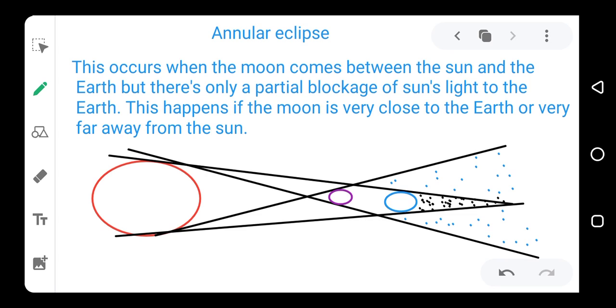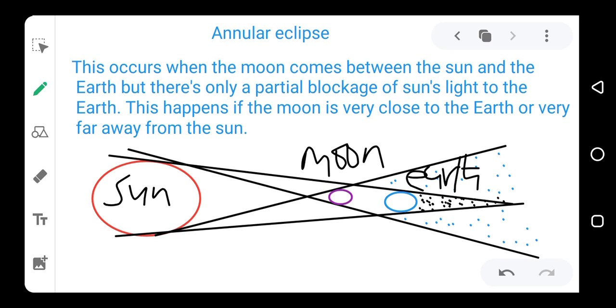When the whole earth is being prevented by the moon from getting light from the sun, we call it a total eclipse. But during annular eclipse, only part of the earth is not getting light, so we call it a partial eclipse. So this side that is shaded with blue is called penumbra.